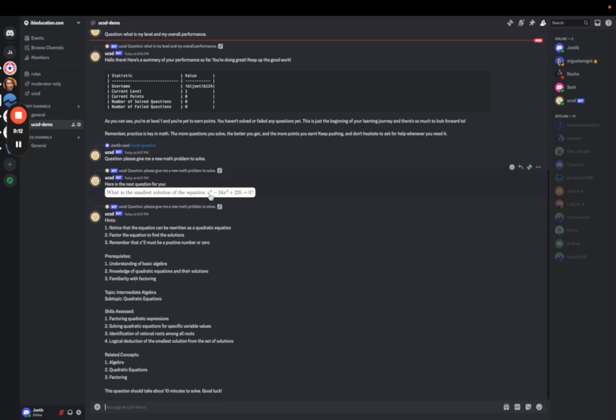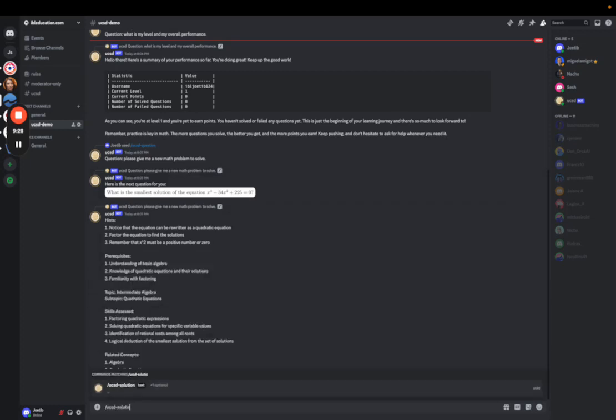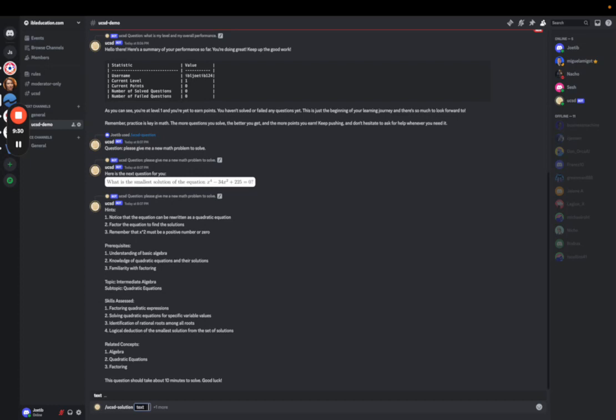So I get this question: what is the smallest solution of the equation x to the power 4 minus 34x squared plus 225 equals 0? Sadly, this isn't something I would be able to answer off my head, so let me just send in any solution, and for that I'm going to talk with another mentor that is targeted at grading a student and telling me whether I got a solution right or got it wrong.